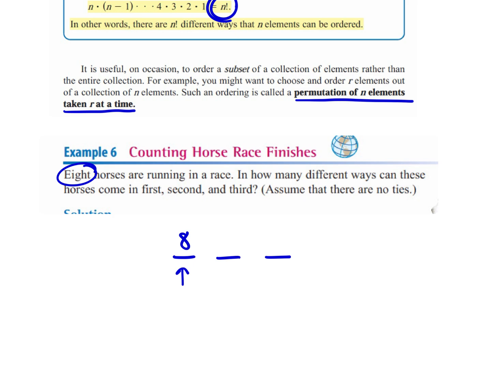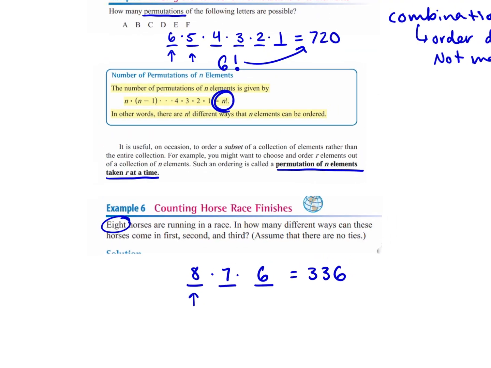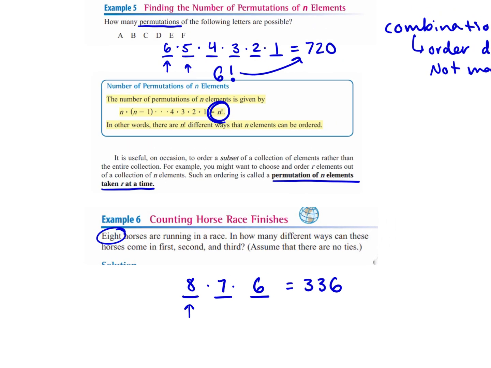So now, how many horses could be in second? 7. And let's say the blue horse came in second. So the red one's in first, the blue one's in second. How many options do we have for third now? 6. So we multiply 8 times 7 times 6. So that would give us 336.